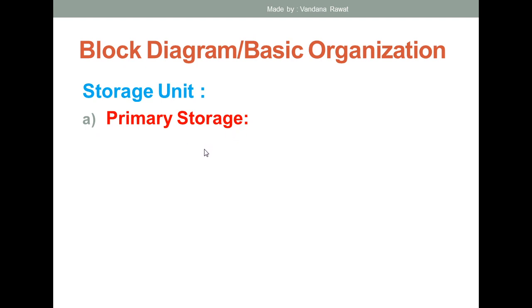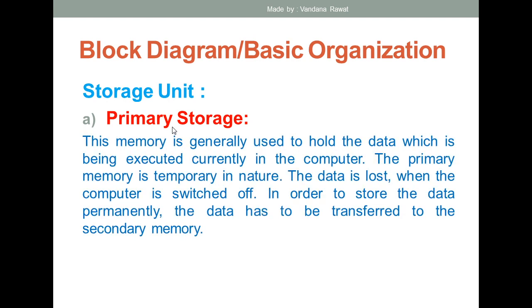In terms of primary storage, the concept of RAM comes in. This memory is generally used to hold the data which is being executed currently within the computer. Means the data or the process which is currently being executed remains in the main memory.